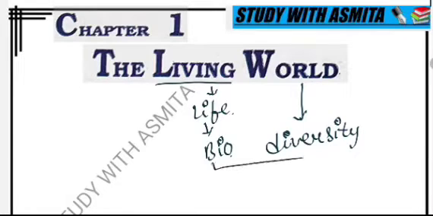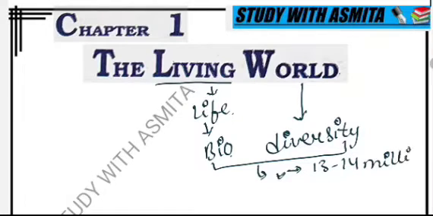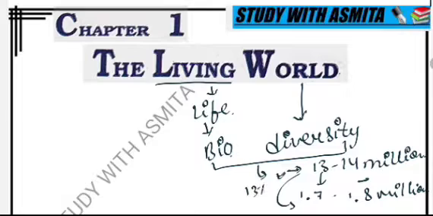We can define biodiversity as the total number of living organisms present on the earth, which is 13 to 14 million organisms. But till yet only 1.7 to 1.8 million have been discovered, which is just 13% of the total organisms.